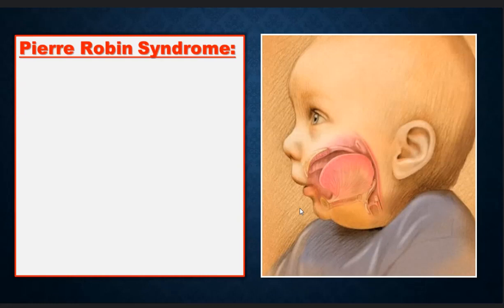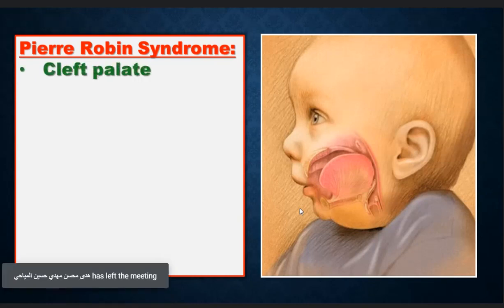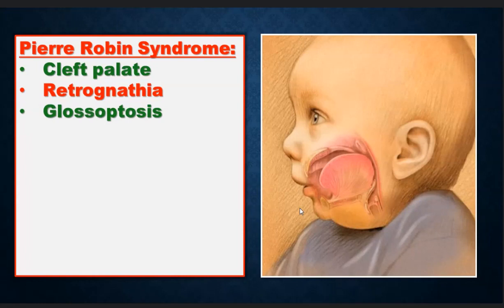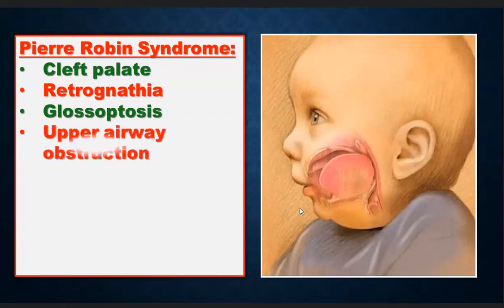We can see it in practice. I saw at least two patients with Pierre Robin syndrome in the last couple of years. They have the problems of Pierre Robin in the form of cleft palate, retrognathia as we said, and glossoptosis as we said, causing upper airway obstruction.